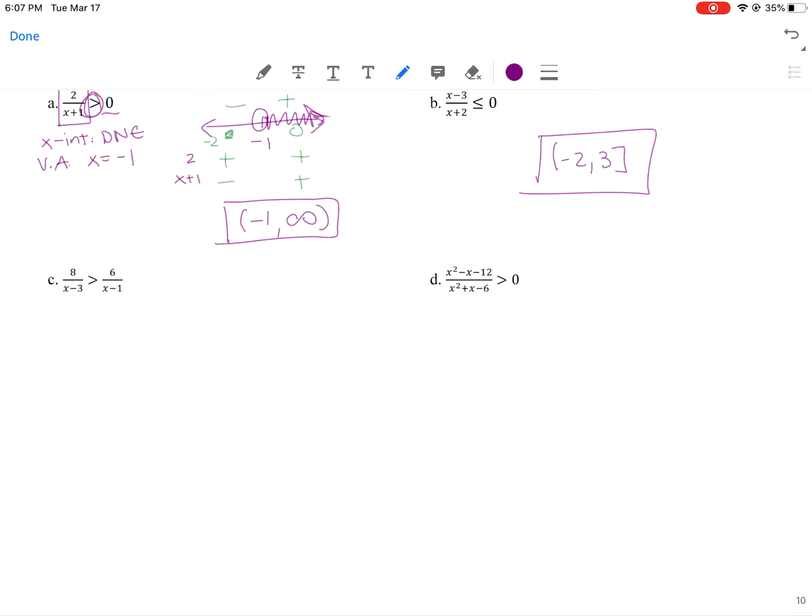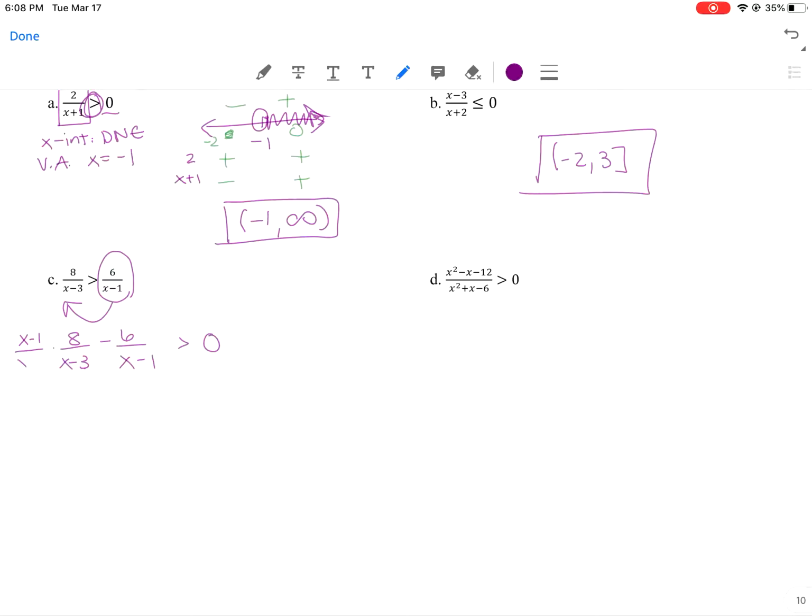Okay, on this one, so like on C, we want to set it equal to 0. So I usually just move this to the other side. We definitely could do it vice versa. It doesn't necessarily matter. So we'd have 8 over x minus 3, minus 6 over x minus 1, is greater than 0. Now you got to make a common denominator. So our common denominator would be x minus 1, x minus 3.